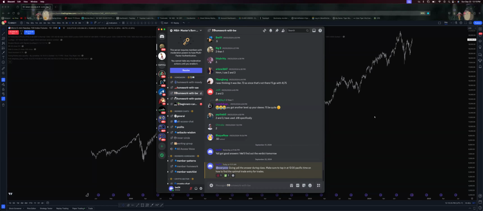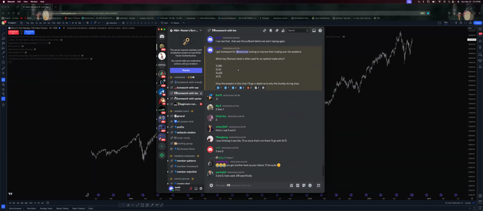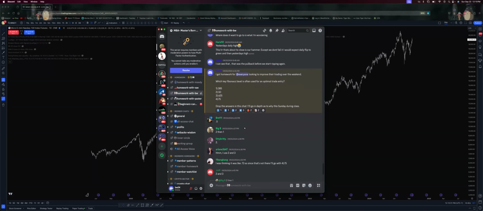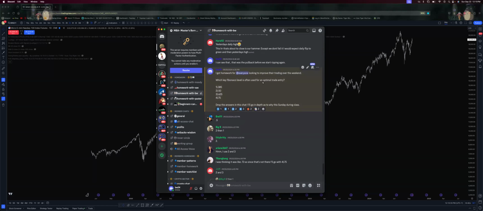A lot of people said 0.5, 2, then 1, 0.385, 0.5. The question was, which key Fibonacci level is often used for an optimal trade entry? The correct answer is 0.5, but you can dig deeper. It can go to 0.625 and it can go to 0.75.